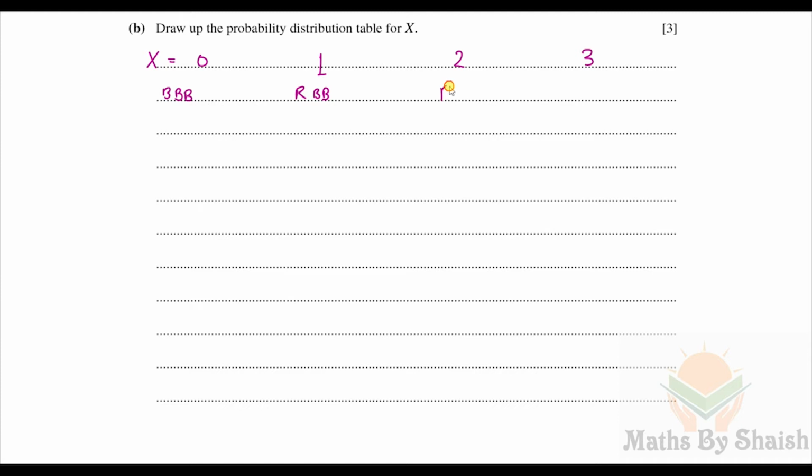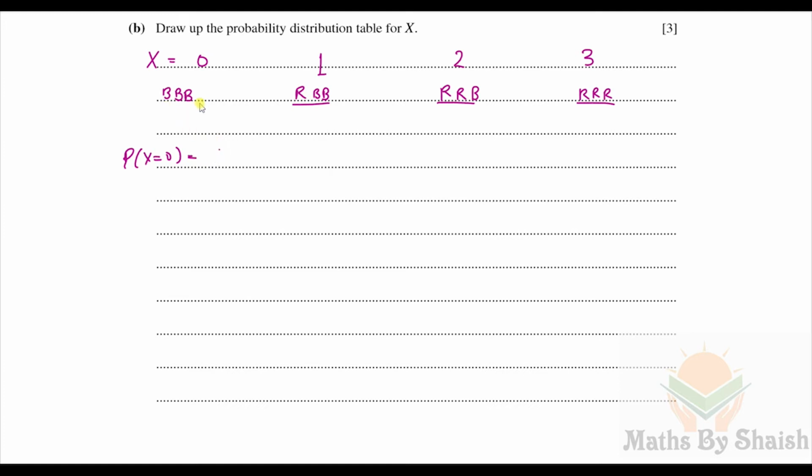Similarly here 2 red balls, so we are writing 2 red balls and 1 blue ball, and here all of them are red. So we will take 3C1 here for this combination of R, and 3C2 in this case, and this is 3C3, that is of course 1. So the probability for X equal to 0 is going to be all blue.